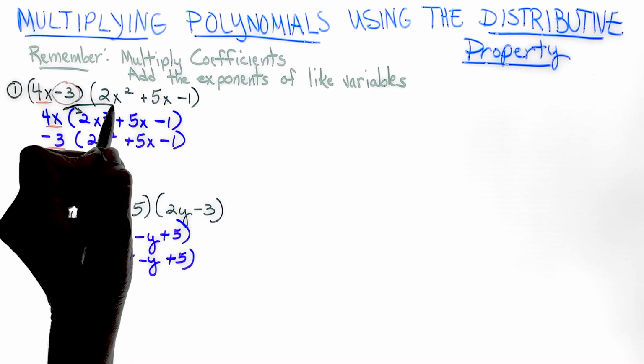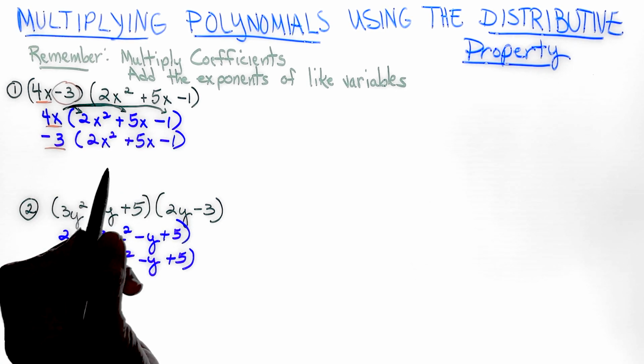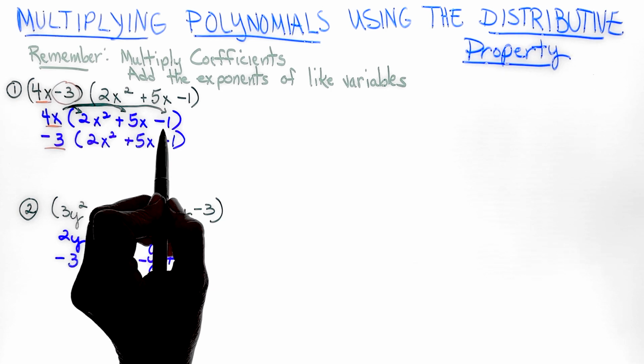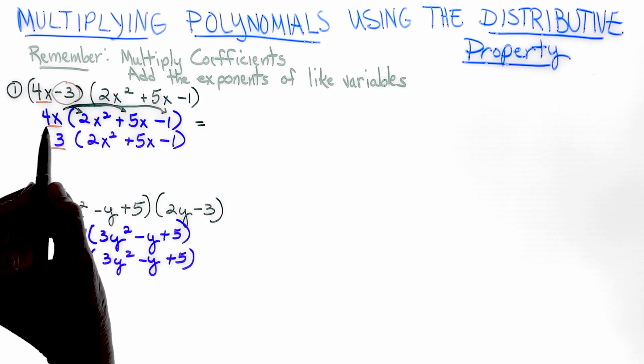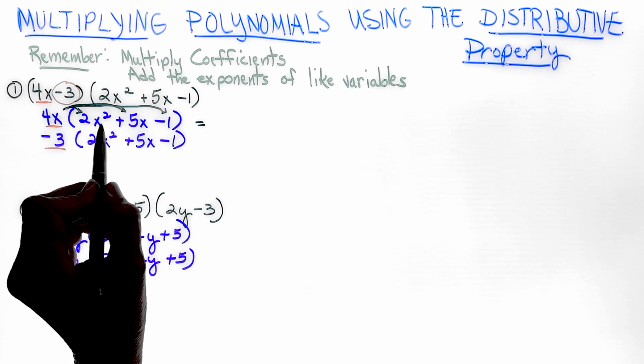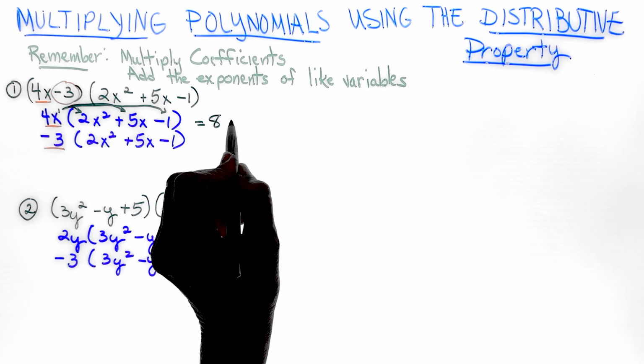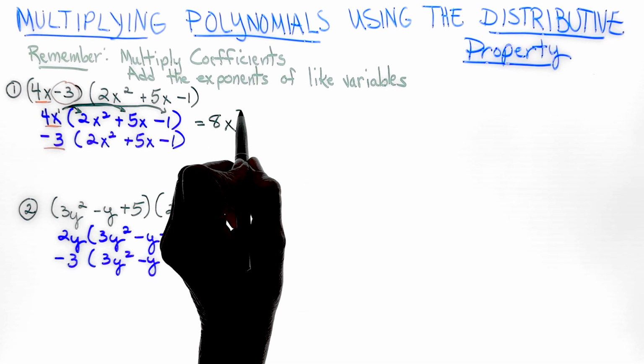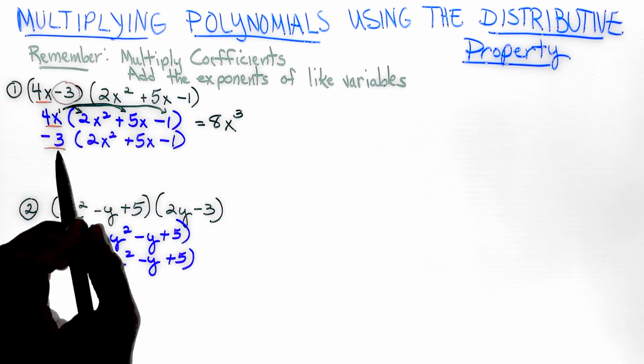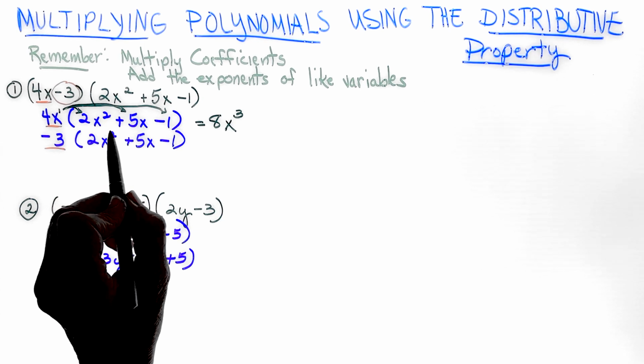Remember, when we multiply, you multiply everything by 4x. And when we do this, we want to make sure we catch that negative sign or the subtraction sign. So 4x times 2x squared. This is to the first power, so that's 8x cubed. And I had said cubed before. That one actually was squared.